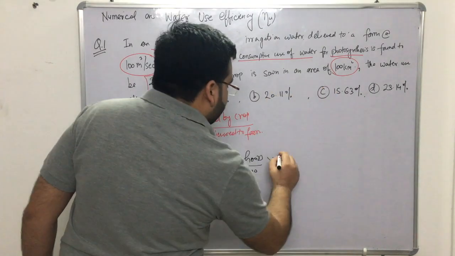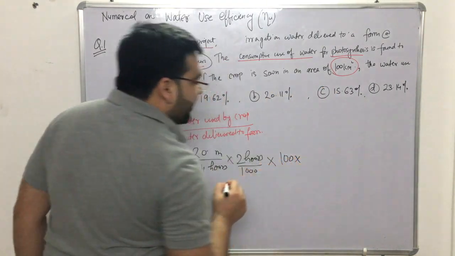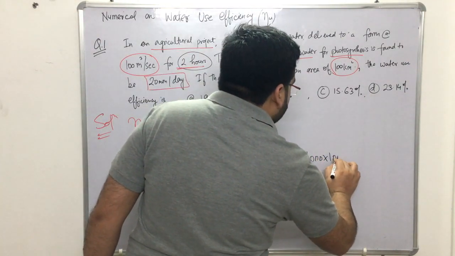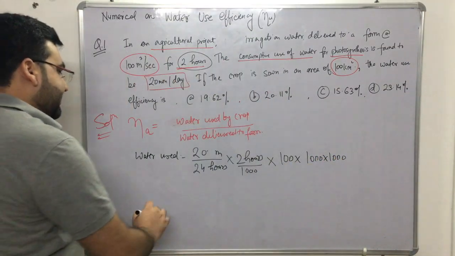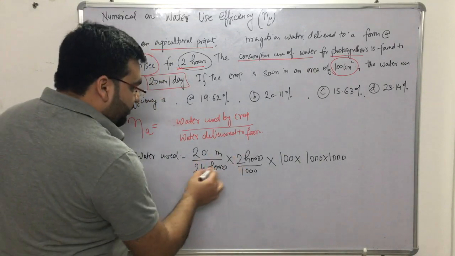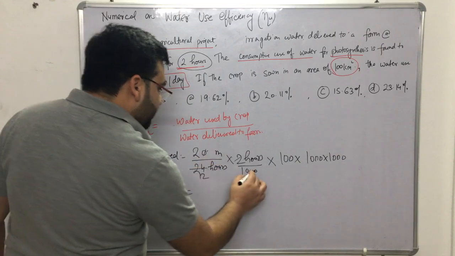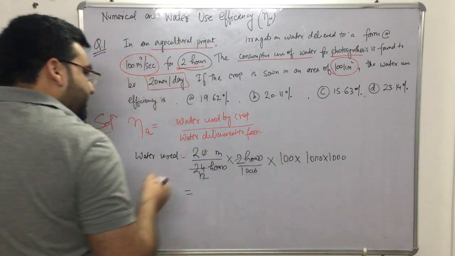The area is 100 km square. Now 1 kilometer has 1000 meters, so into 1000 and into 1000. So this is in meter cube. This will be equal to 2 into 12, that is 24, so the 0 got cancelled out, or you can say the 24 hours reduce.